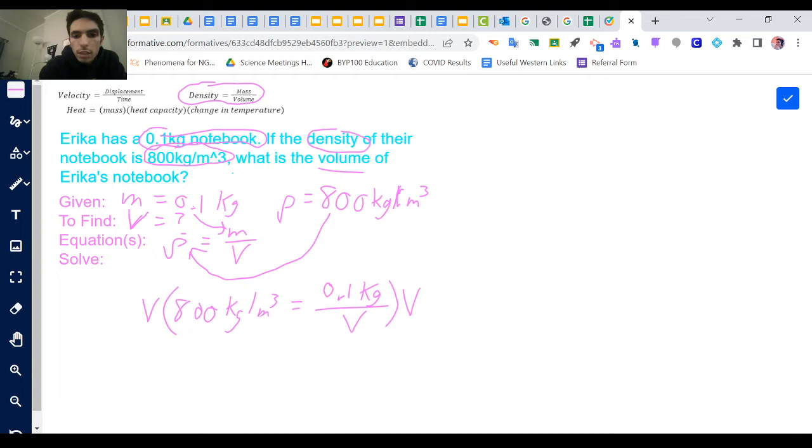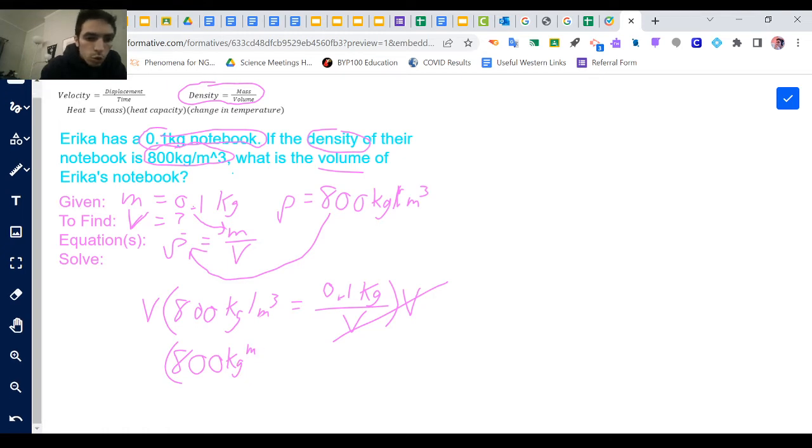Because what that's going to do for us, it cancels out the volume in our denominator, and it'll get us to this. So 800, I'll keep the units, kilograms per meter cubed times V is equal to just 0.1 kilograms.